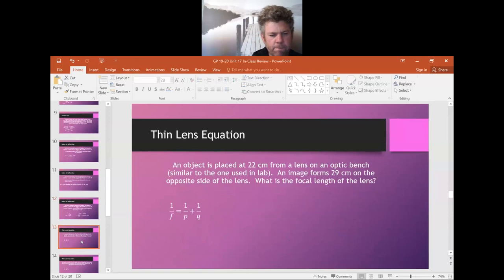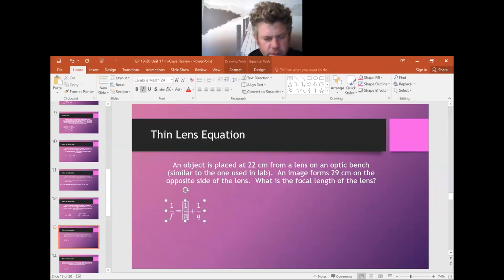All right? Thin lens. Object is placed at 22. Image forms at 29. What is the focal length of this? All right, so when I'm looking for object, that's going to be my 22. My image is going to be my 29.